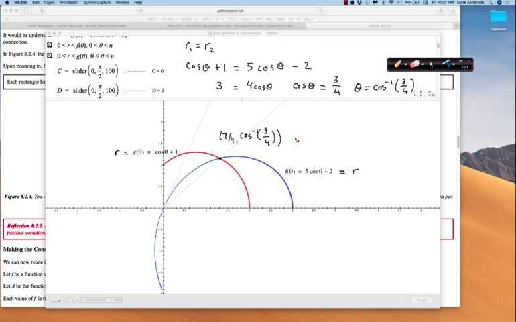Now I want to know what angle f of theta goes through the pole. How can I find what angle f of theta goes through the pole? So that's this angle right here. Something less than pi over 2, f of theta heads through the pole. How will I do that?